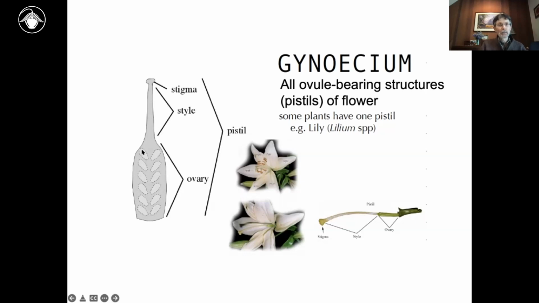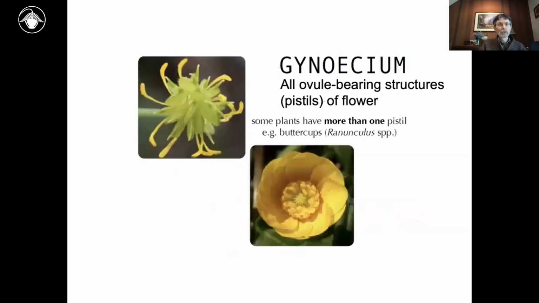There might be one pistil in an individual flower, or there might be multiple pistils. If there are multiple pistils in an individual flower, like you see in this buttercup, a little hard to see, they're flattened structures with a little hook-like style with stigma, and this flattened ovary here, a large number of them.